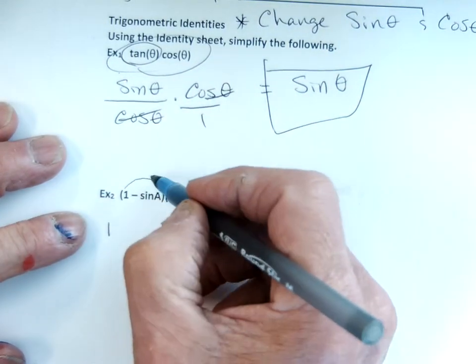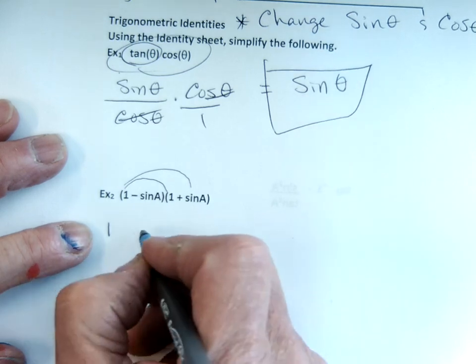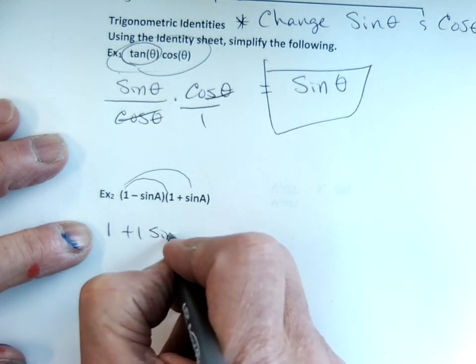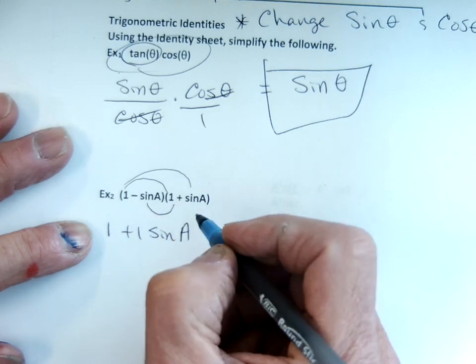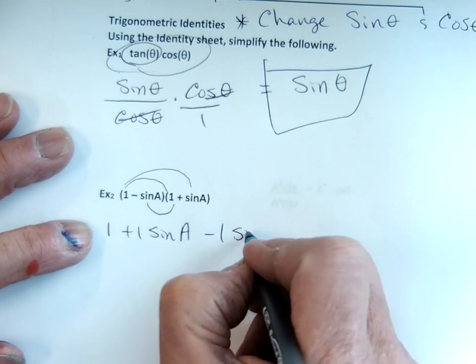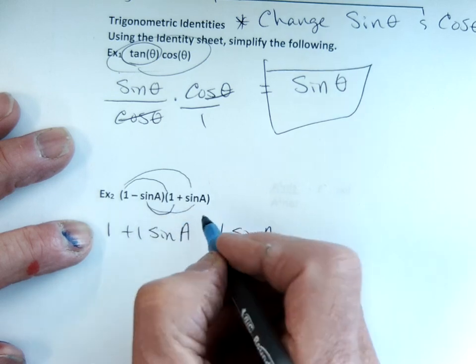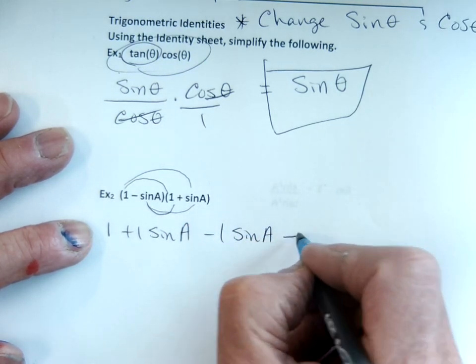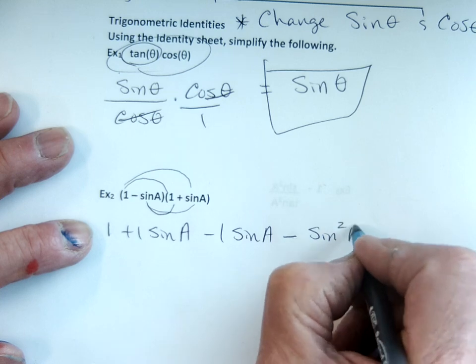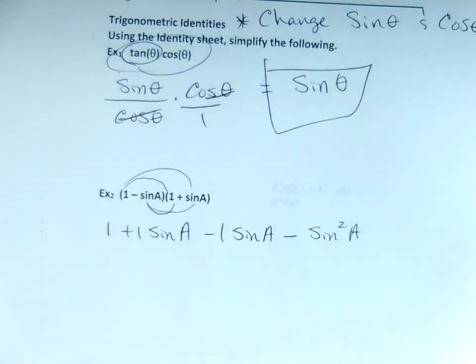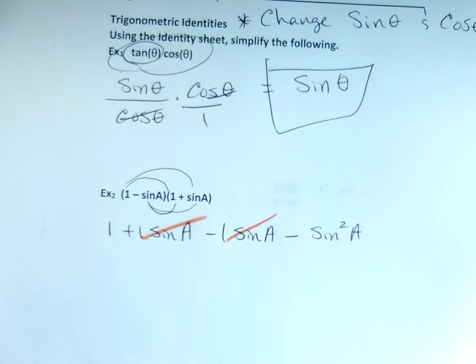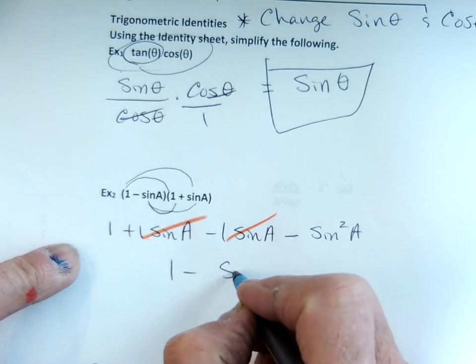So 1 times sine of A is a positive sine of A. Negative sine of A times 1 is a negative sine of A. And then sine times sine, I get a negative sine squared of A. Okay? That's easy. And of course, I'm sure you see what happens next. Cancel the sines, right? Do we agree? Cancel, cancel. And now we're left with 1 minus sine squared.